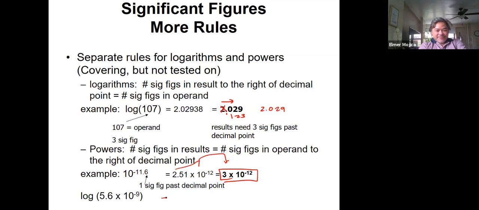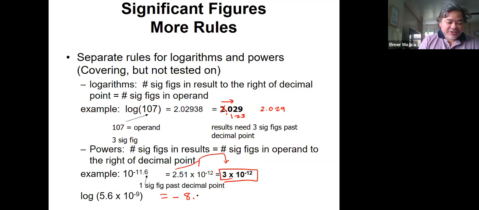So let's apply this to log 5.6 times 10 to the negative 9. How are you going to answer this? If you get the answer for log 5.6 times 10 to the negative 9, you will get what? Negative 8 point.